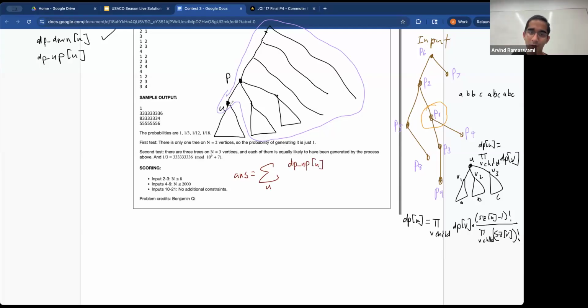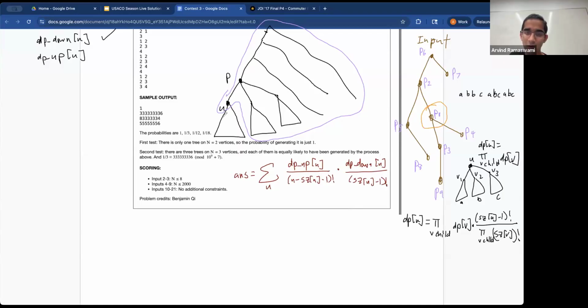So DP up of U basically has these components and then you have to multiply by the factorial of all of this. So it's going to be n minus size U minus 1 factorial times dp down U divided by size U minus 1 factorial.